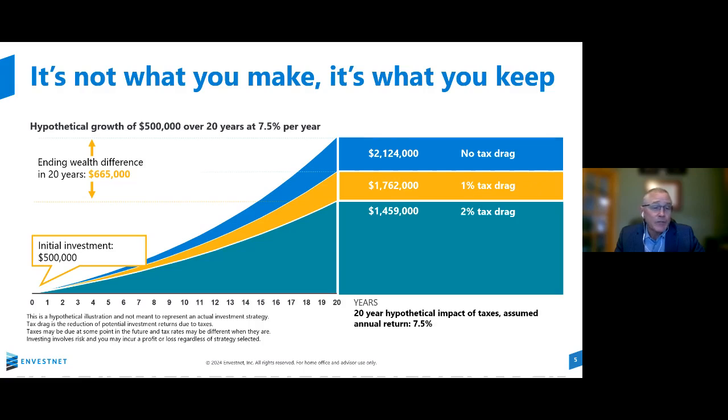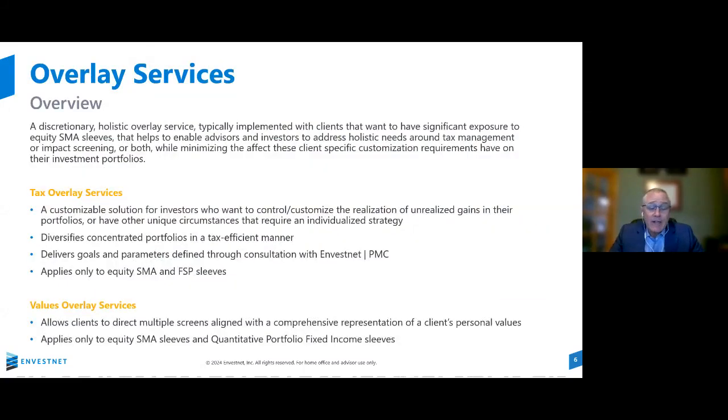And if you have 2% tax drag, it's over $665,000 that you lose over that 20-year period. Put another way, at 2% tax drag, you'll end up losing more than your initial investment to taxes. So it's critically important. Incidentally, the average mutual fund has over a 1% tax drag. So these are very realistic numbers. So what is the Envestnet solution to help you with this?